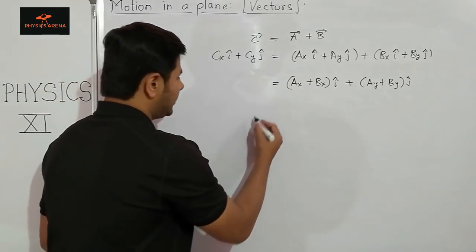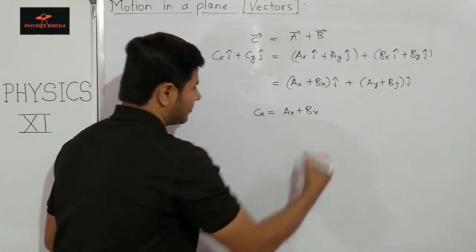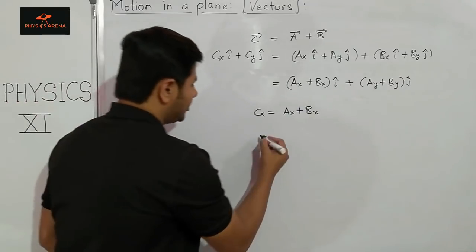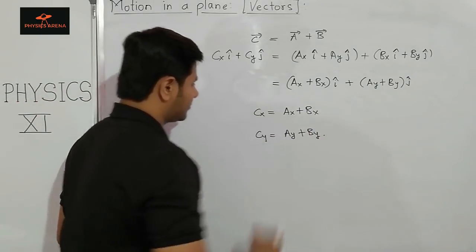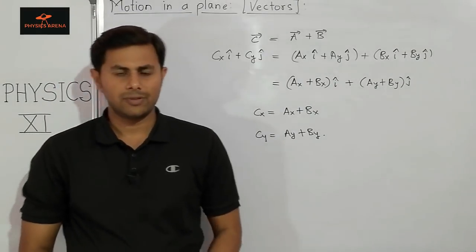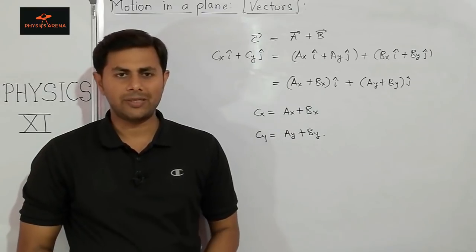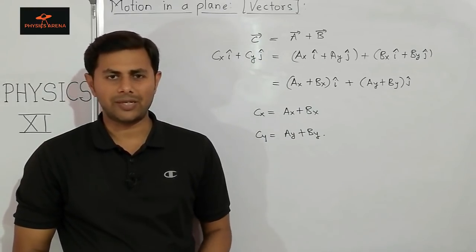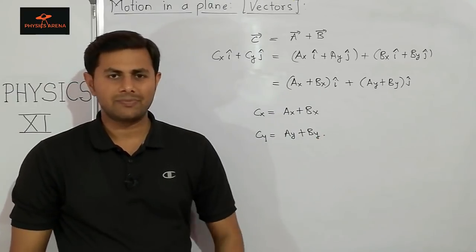So it means that Cx should be equal to Ax plus Bx and Cy should be equal to Ay plus By. So this is how this resolution of vectors method makes addition of two vectors an algebraic sum of components.